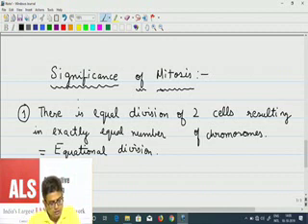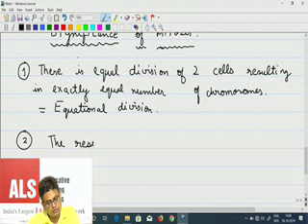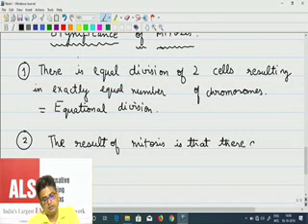The other thing is, the result of mitosis is the production of two cells which are exactly identical.